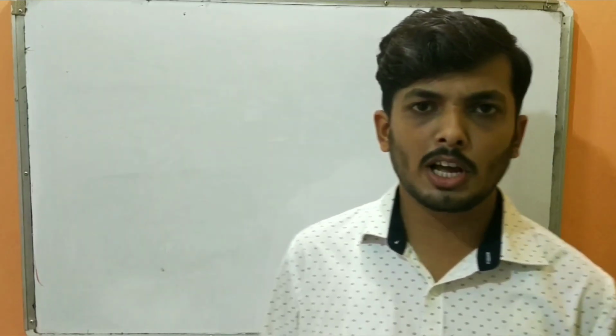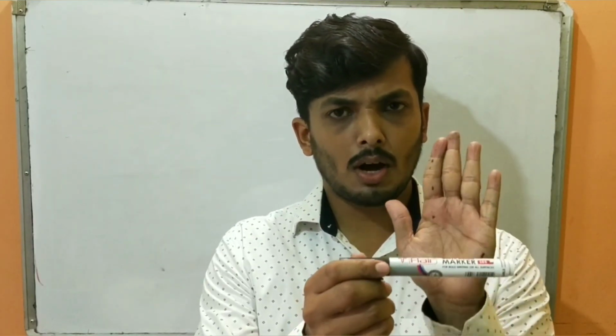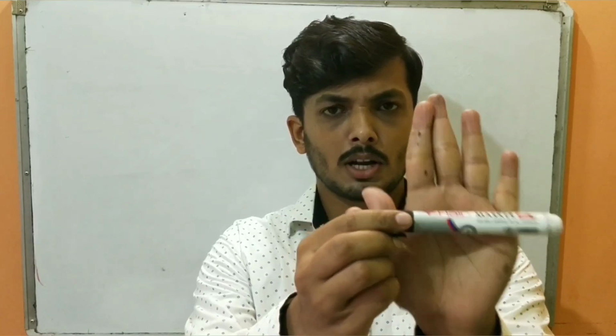So what is the difference between torque and the normal force? If you remember Newton's laws, what Newton said in the second law: the rate of change of momentum is directly proportional to the applied force, and it takes place in the direction of the applied force. So common sense, right? If I apply force on this marker, the marker will go in this direction. But what if the body is pivoted at one end?